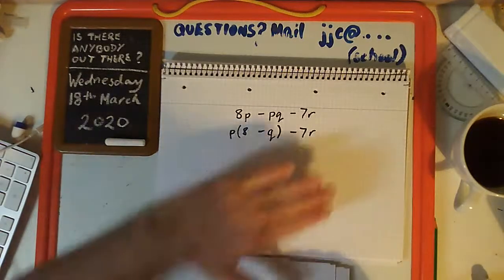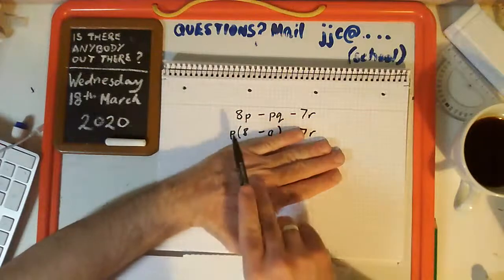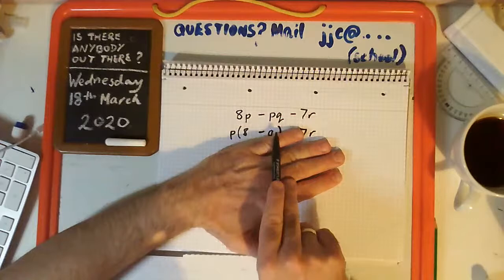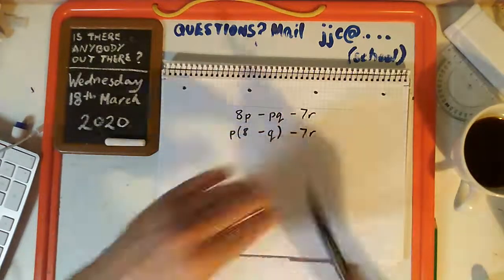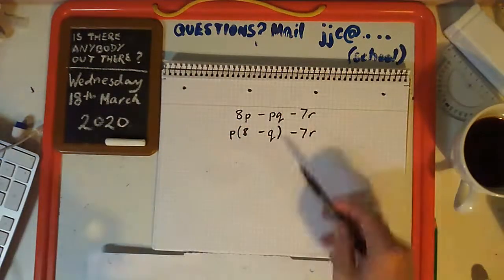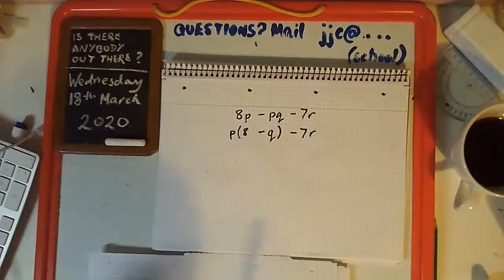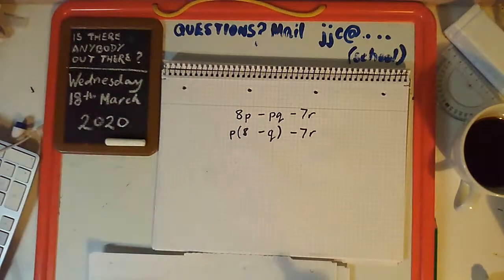So, if it is a factorization question, there are no common factors to 8p or pq and also 7r. So that could be the answer if it's a factorization question, but you need to let me know more about the question. Is it a factorization, or is it figuring out the value of it when p, q, and r are certain values that they give you?